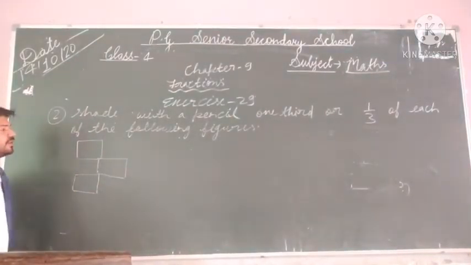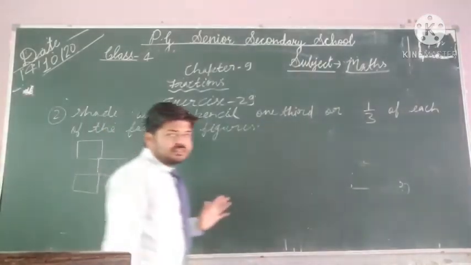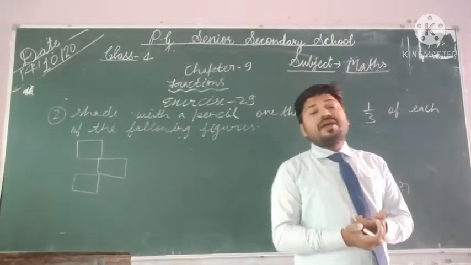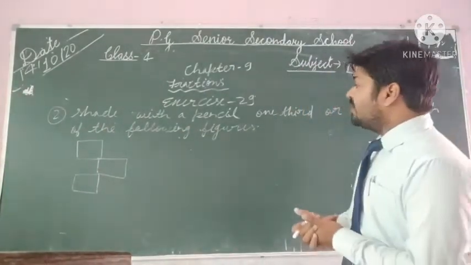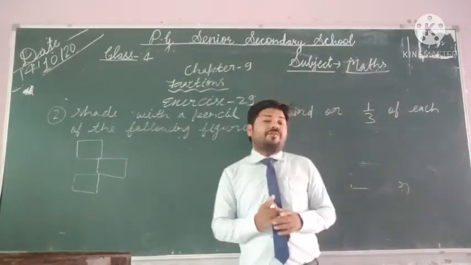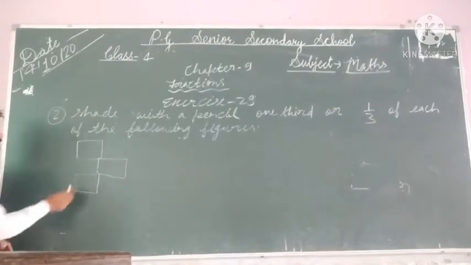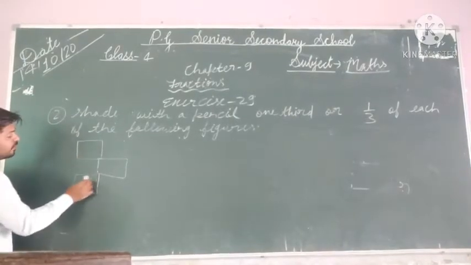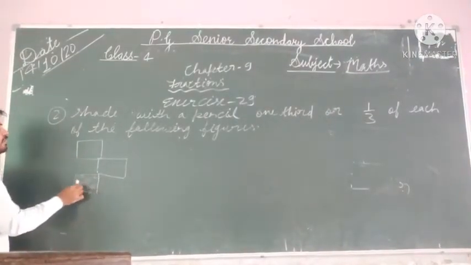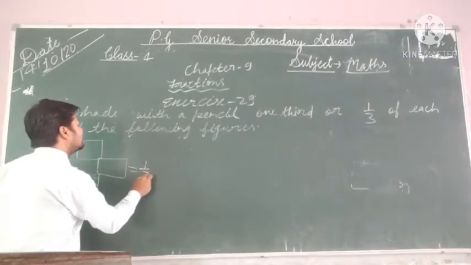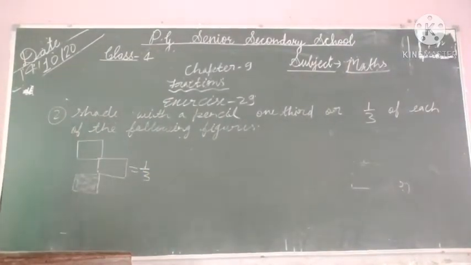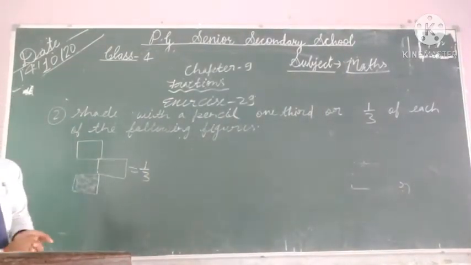There are 3 parts you can see here. So 1/3 means out of 3 parts you have to color 1 part. So there are 3 parts, you have to color 1. And here you have to write 1/3. Like this you can do this question.